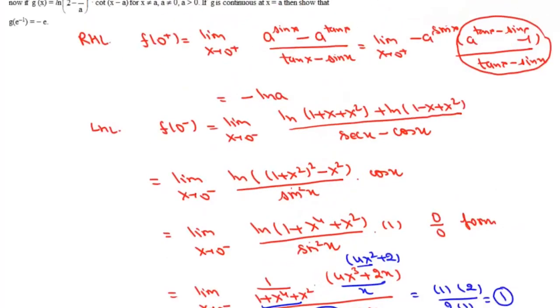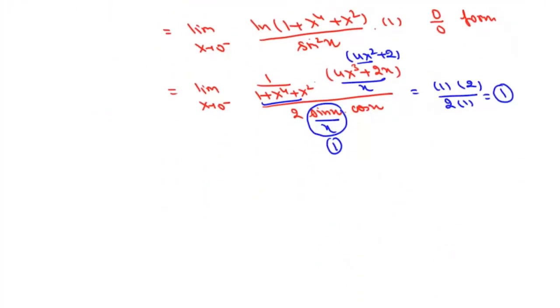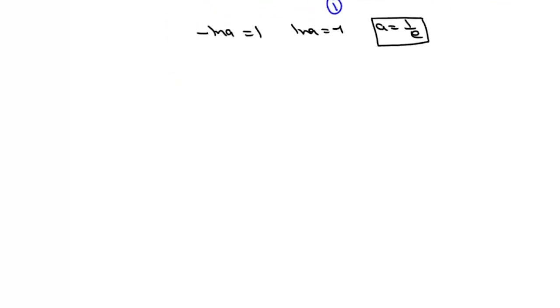Now the right hand limit is minus log a. So if we equate them, we'll get minus log a equals 1, or log a equals minus 1, that is a equals 1 upon e. So here the value of a is 1 by e. Now from here the story of g(x) begins.